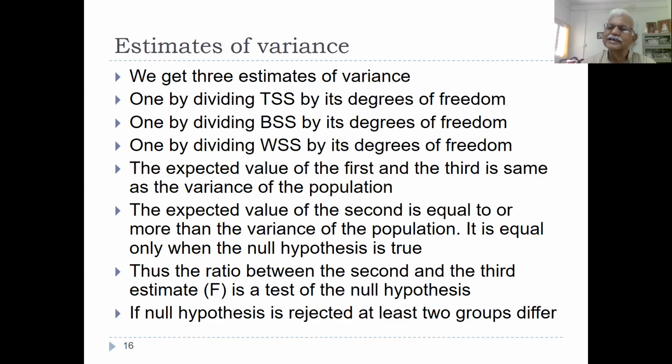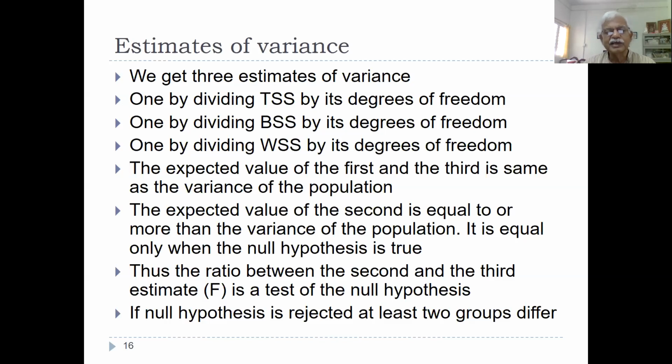So as in the case of other inferential statistics, we fix some probability P, say 0.05 or 5%, and find the tabulated value of F for those degrees of freedom for BSS and WSS.